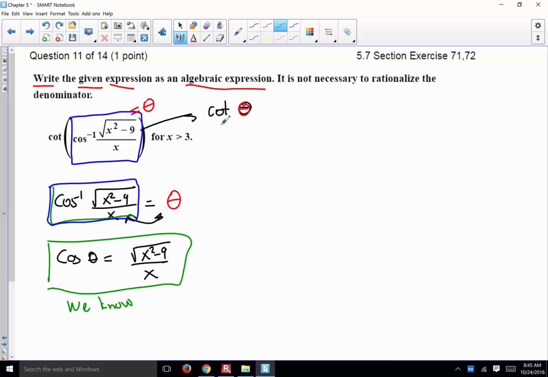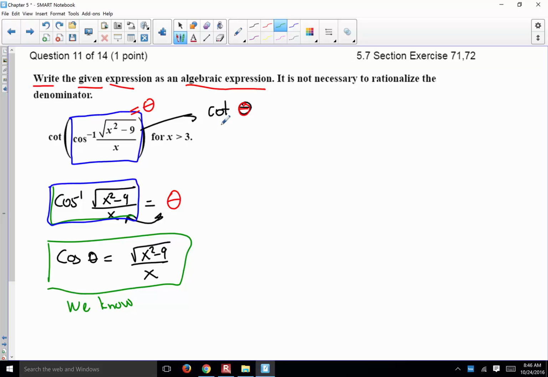Once you know cosine, this is way back, section 5.1 or 5.2. When I give you a sine or cosine, and I ask for tangent, cotangent, or any other trig function, how do you find it? Now, this is a good thinking question.